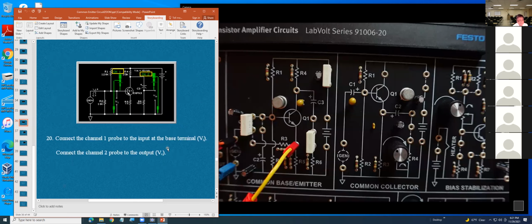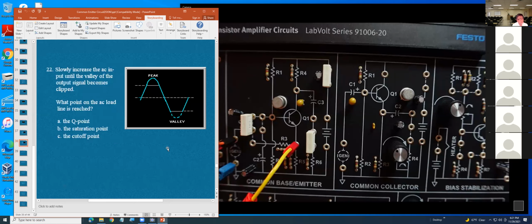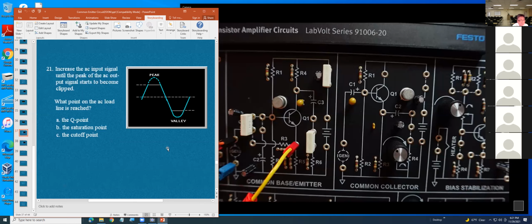They say slowly increase the AC input until the peak of the AC output signal becomes flat.